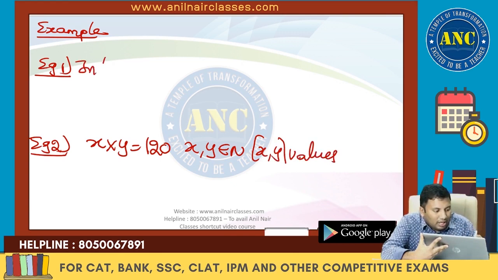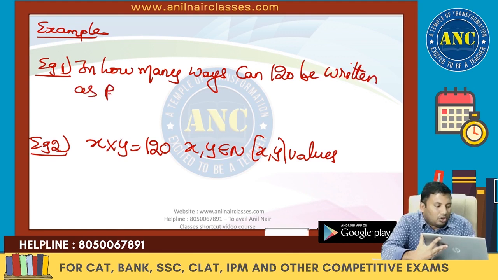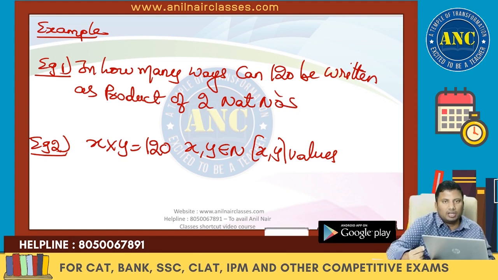This question: in how many ways can 120 be written as a product of two natural numbers? Write down these two questions, otherwise you will make a small mistake. Right?